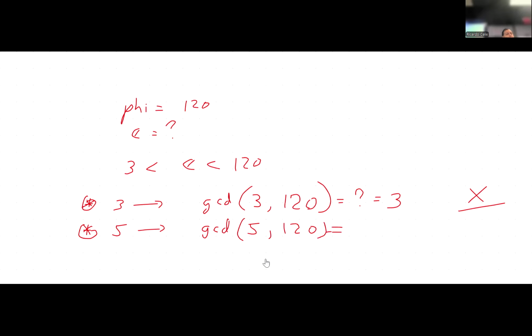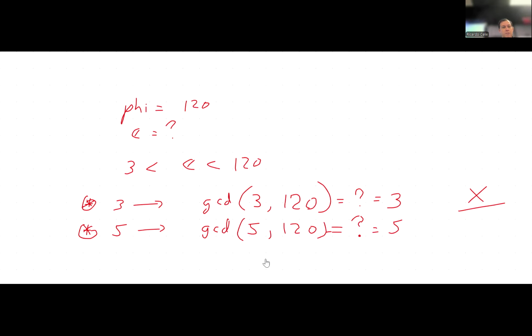Again, what is the greatest common divisor between 5 and 120? 5, because 120 divided by 5 is 24. Okay, 5. Great. Does this number, candidate 5, meet the GCD condition? No, because it's not equal to 1. You see, that's the logic. I'll do one more and we're done with this.